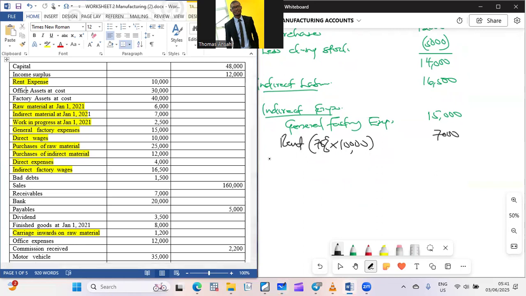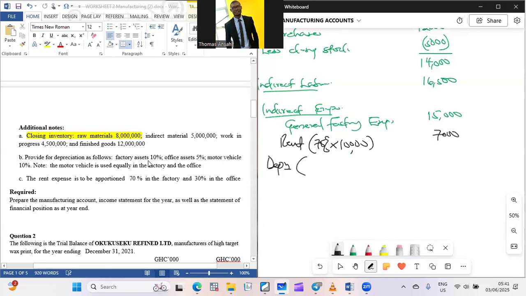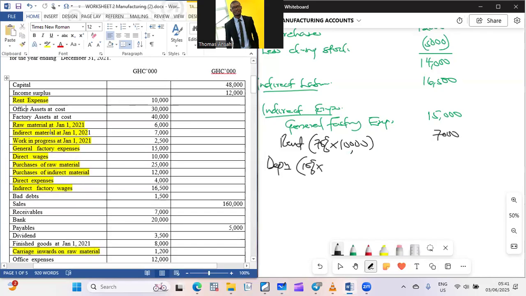What else did we do? We have the depreciation, right? Depreciation, factory one was how much? 10%. You have to be careful, it can happen to you. So factory asset is 10% of 40,000. So yes, 4,000.